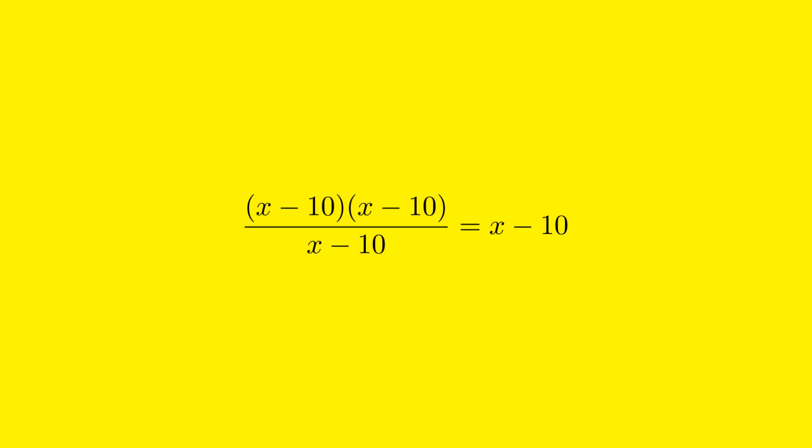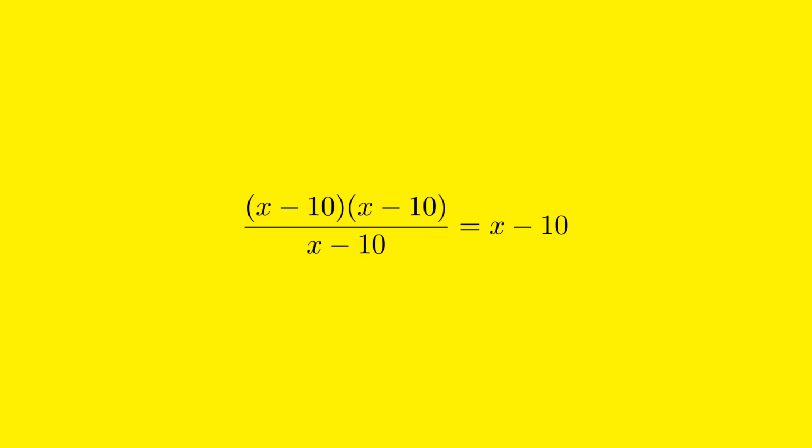The new expression we have is x minus 10 times x minus 10 over x minus 10. Now, we can simplify the expression by canceling out the common factor, x minus 10, from both the numerator and the denominator. Remember, canceling out means we are dividing the numerator and the denominator by the same factor.